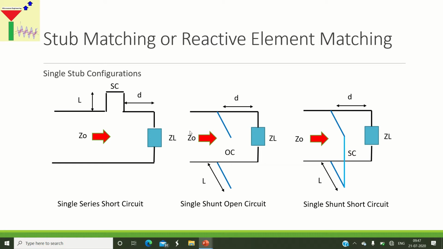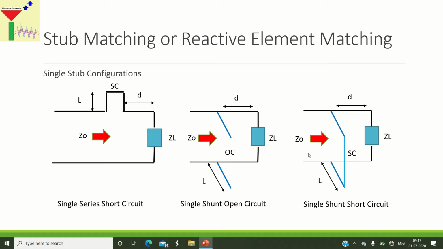Here also, as we discussed already in the previous slide, the design of the stub involves finding the distance or the location of the stub, and finding the length of the stub. So the distance and the length are common in order to design a particular stub.